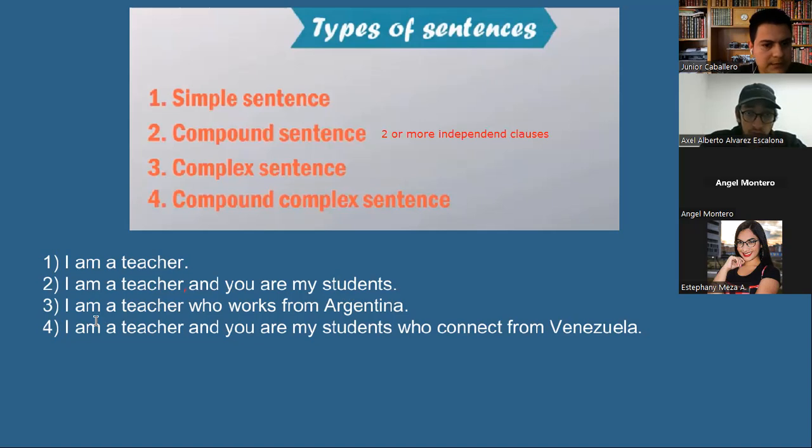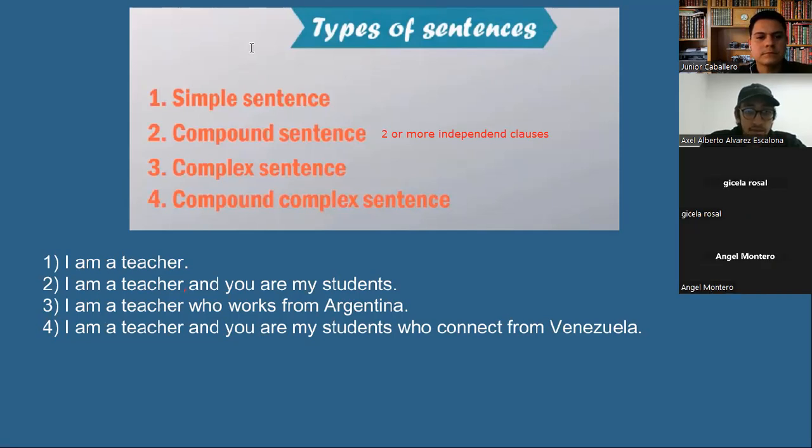Okay, let's see the next one. Number 3, I'm a teacher who works from Argentina. What type of sentence is that? It's only one sentence. A simple sentence. Okay. Let's check if that is correct. What's the subject there?